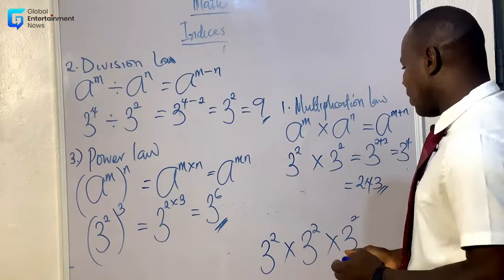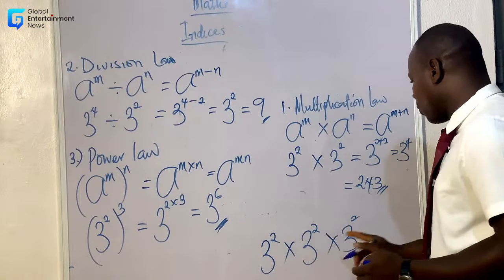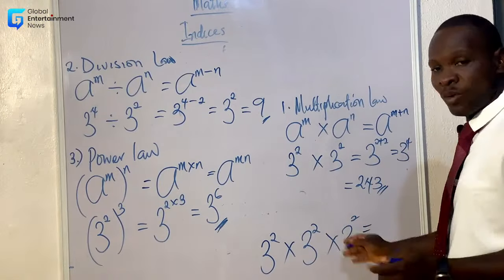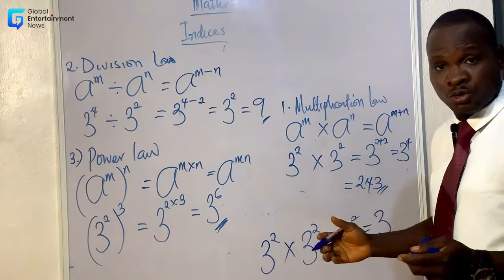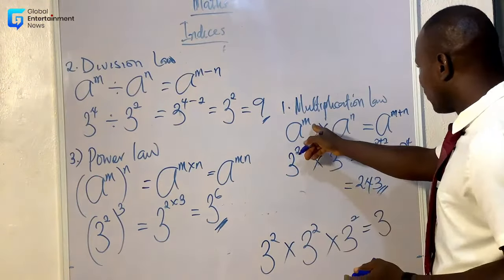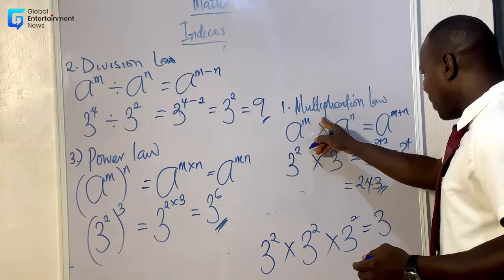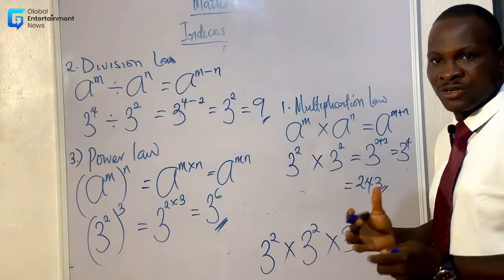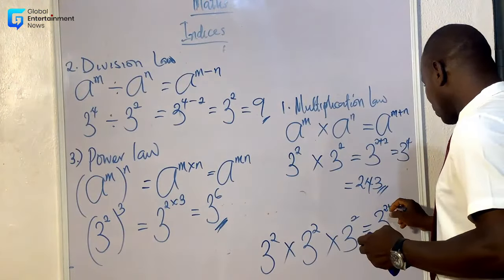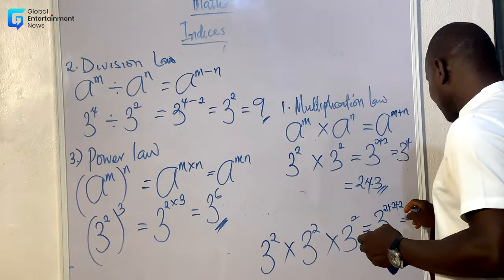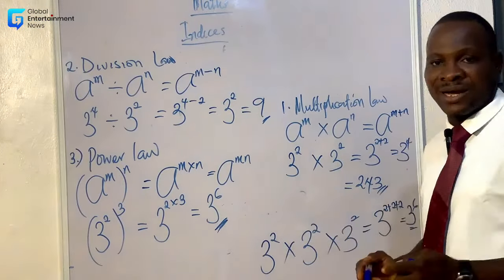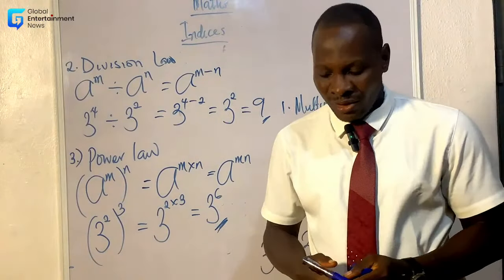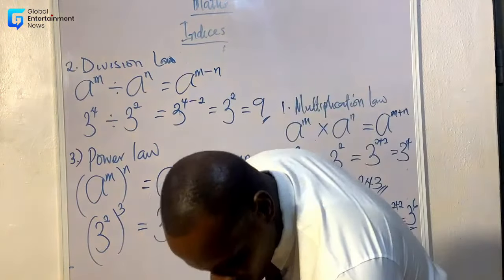With this one, I pick one base, which is 3, all raised to power. If you remember, when we are talking about multiplication law, the indices add up, which is 2 plus 2 plus 2, giving me 3 raised to power 6. You can see we derive the same answer. Now, that is all about power law.